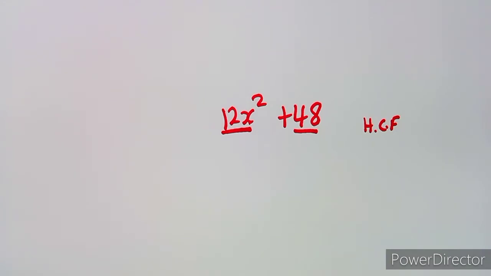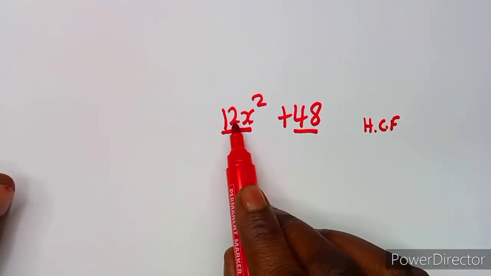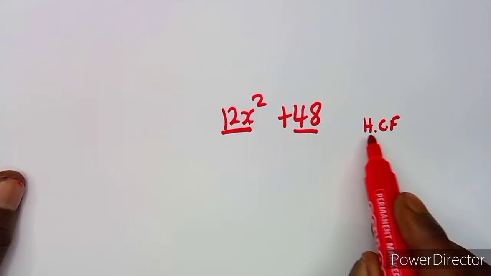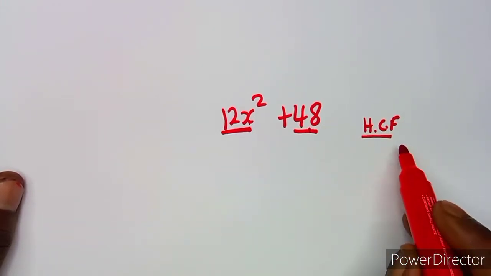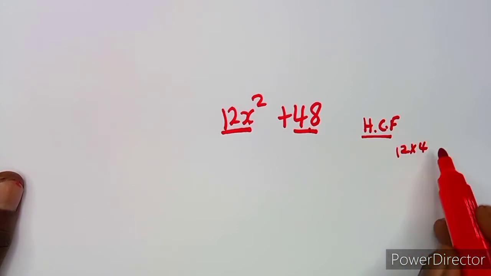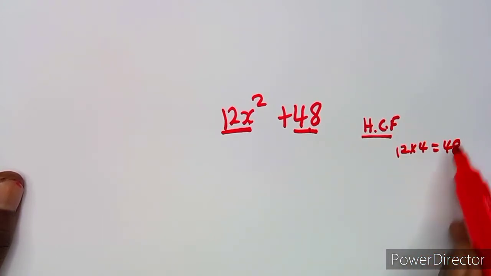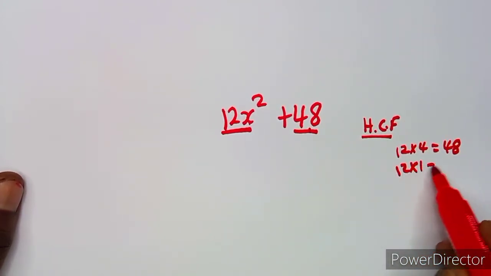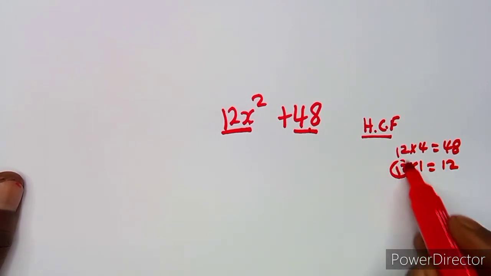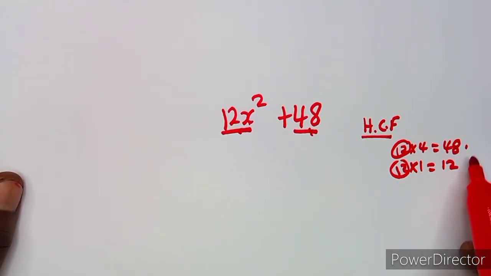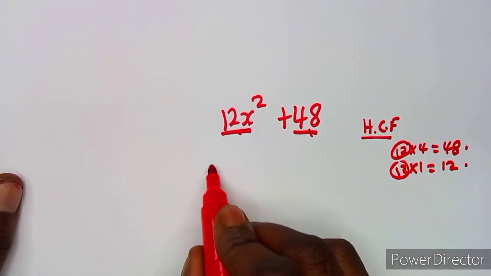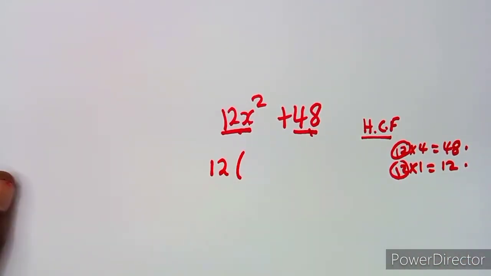You'll see that there is a great relationship between 48 and 12. 12 is the highest common factor, because it can be found in 48. Remember, 12 times 4 gives you 48. 12 times 1 gives you 12. So 12 is a factor, it's common in these two numbers, 48 and 12. So that is the one that you're going to factor out like this.